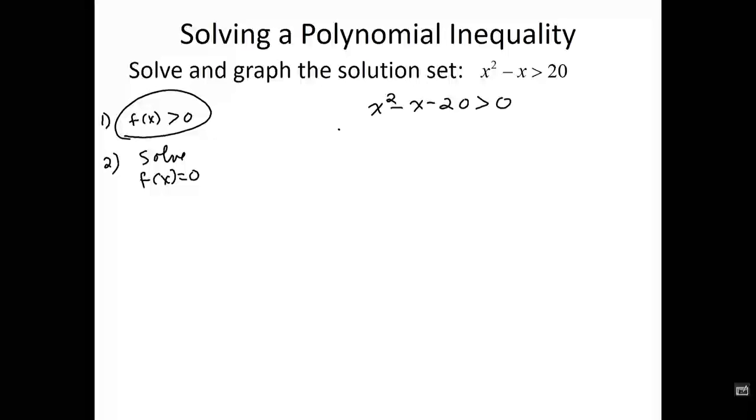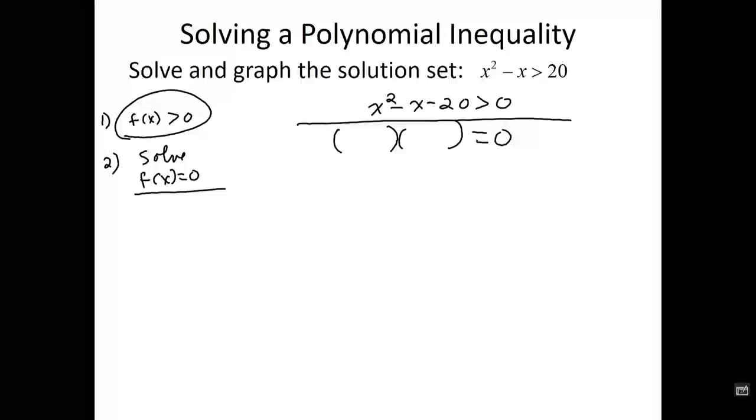This polynomial does factor. I first want to know when this is equal to 0. If I find out where it is equal to 0, we are then finding what are called the boundary points, and we'll show you what the boundary points will allow us to do.